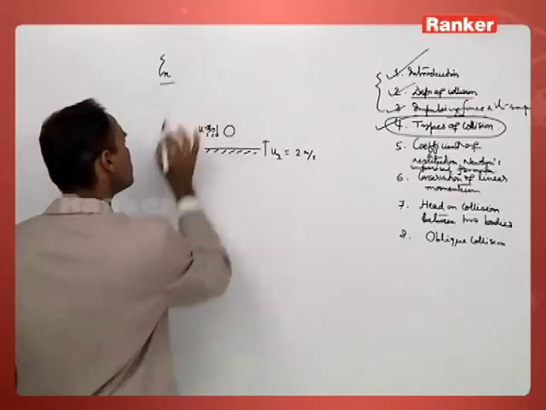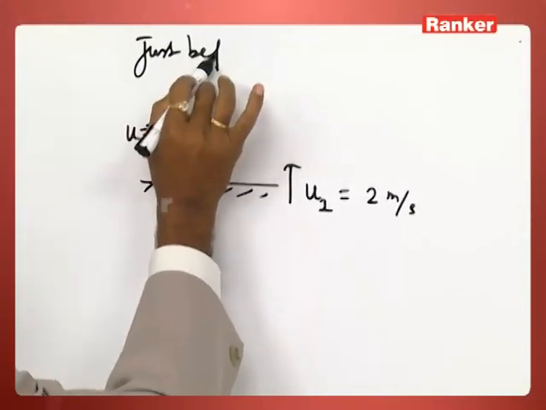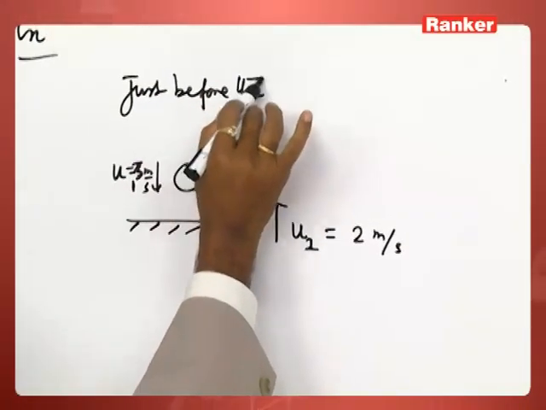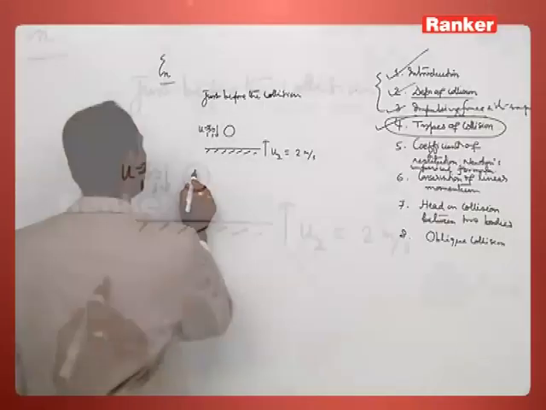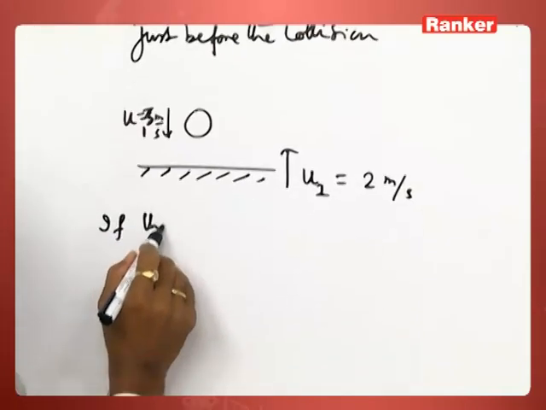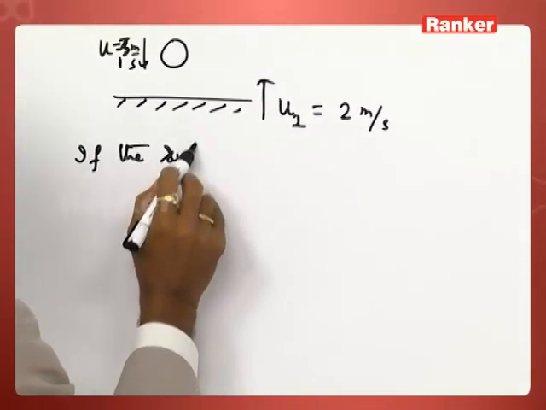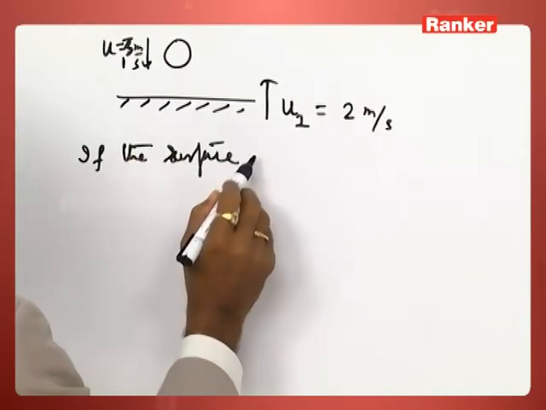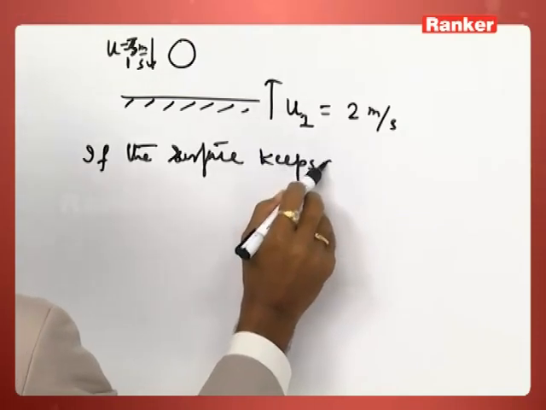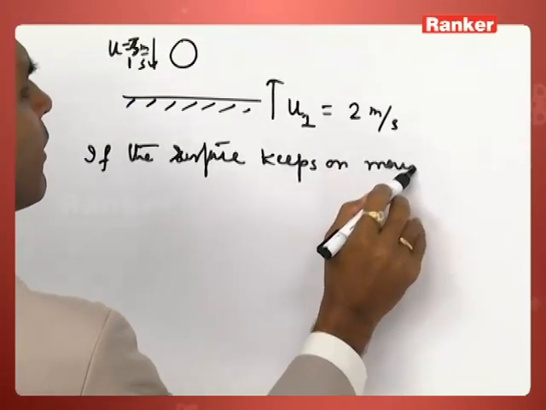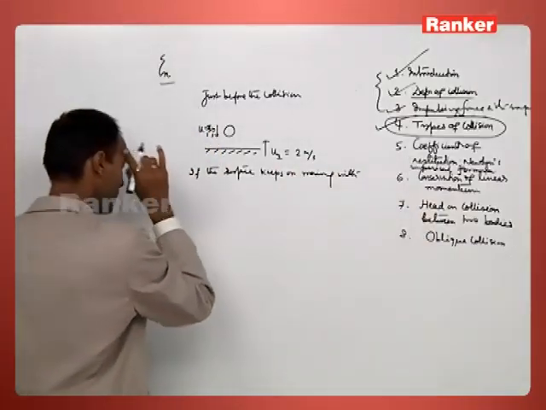This is the scenario just before the collision. If the surface of the ground keeps on moving with same velocity.